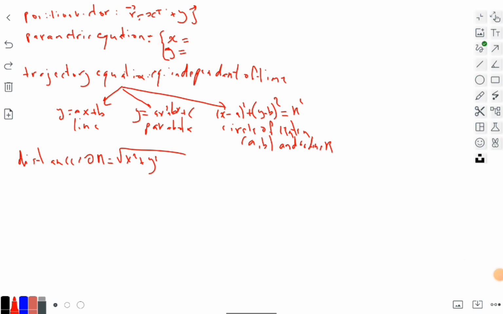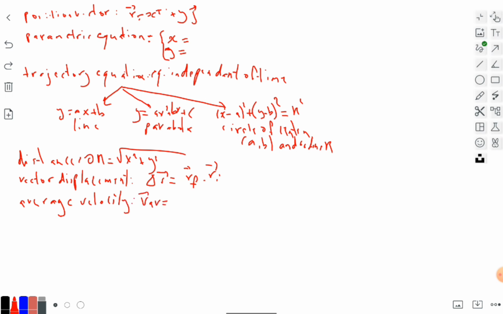Vector displacement delta r is equal to r final minus r initial. Average velocity, v average, equal delta r over delta t.